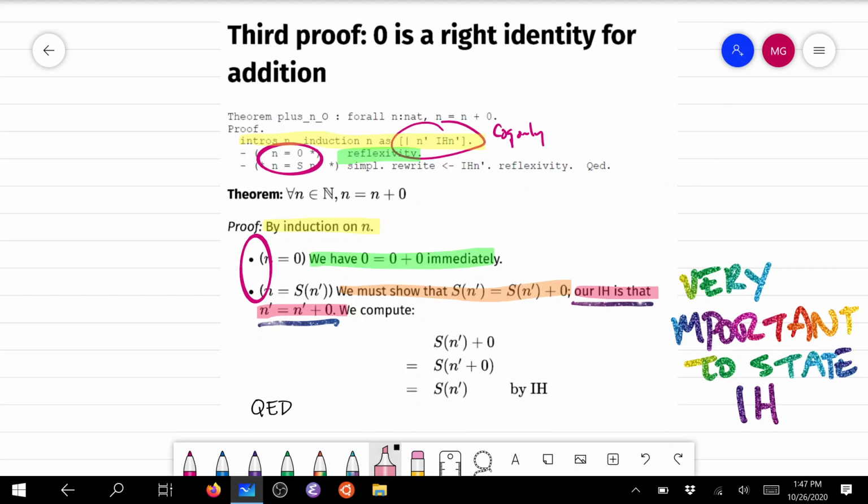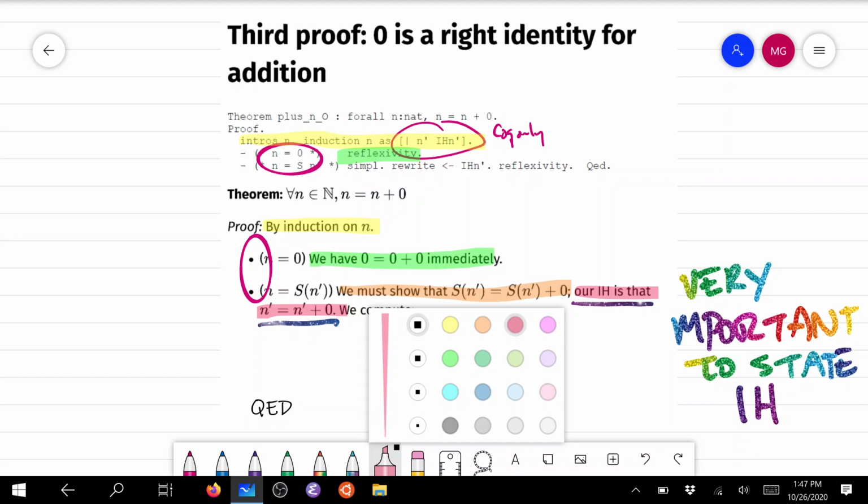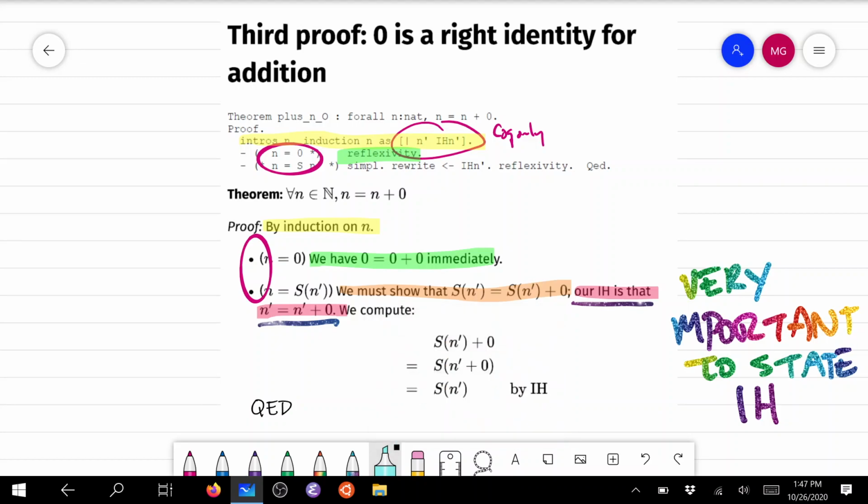Okay. Last little bit is I want to highlight the bits of reasoning that correspond between the two. Over here, the Coq code just says simpl, rewrite IHn, reflexivity. So if anything, the simpl maybe corresponds to this step.